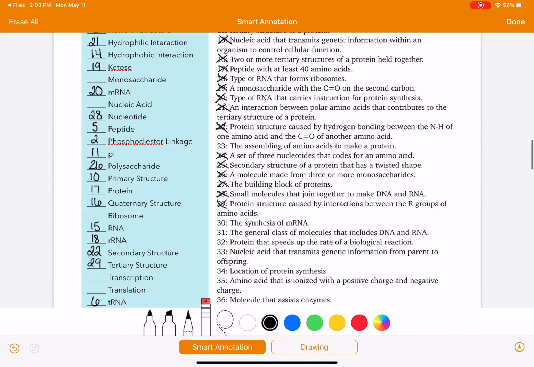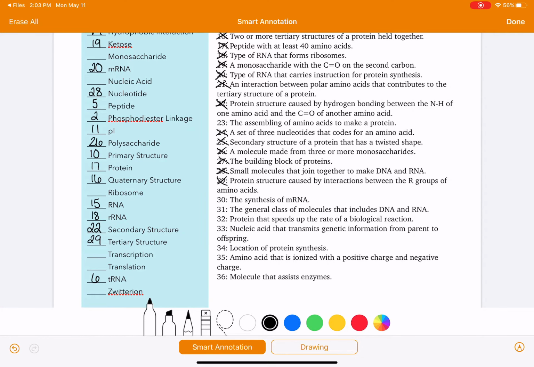So transcription versus translation. Translation is when we take one language like English and we turn it into another language like Spanish. Transcription is when we are working within the same language. So that would be like spoken Spanish being transcribed into written Spanish, but it's all staying within the same language.